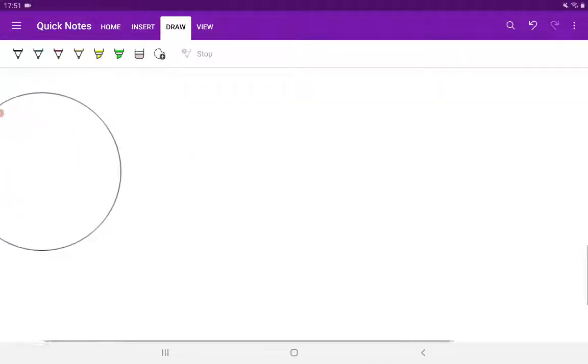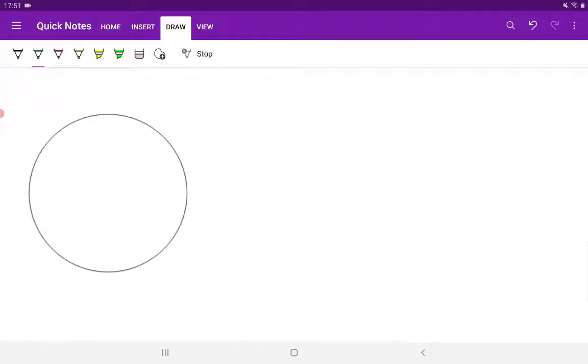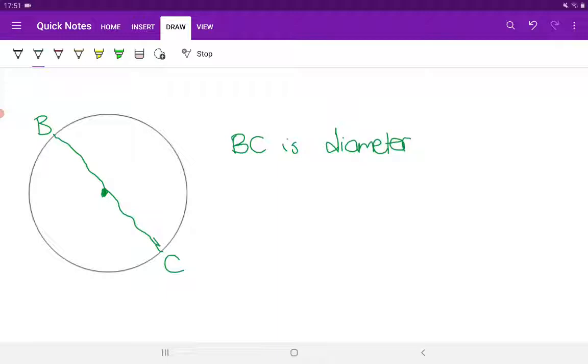So if instead I gave you the diameter of this circle and I told you that the length of that diameter, let's call it BC. So BC is the diameter. If BC is, let's say, 18 centimetres, then what is the radius?